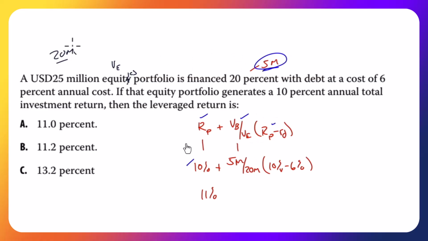Well, if we borrowed 5, we must have had 20, right? That's why I find this a little distracting. So it's 5 over 20, and the differential between the return, 10% and 6%, is 4. So it's 10% minus 6% multiplied by the leverage factor added to the portfolio return, 11%. There we go, 11%.